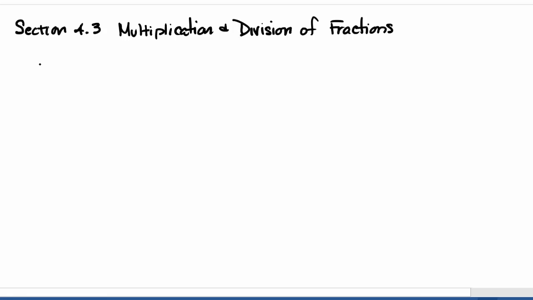Okay, so let's talk first about multiplying. Multiplying fractions.